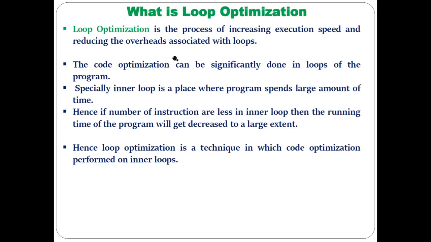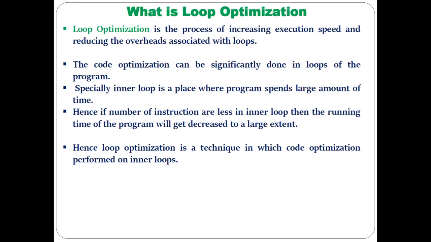The program which you write in a higher level language consists of different structural features. Loop is one of the important things in a programming language, if you see the C language. Now, is it possible to make changes in the code which we write in the loop?